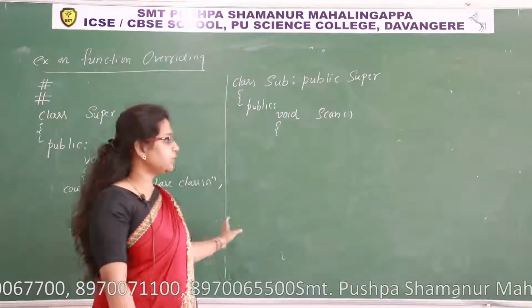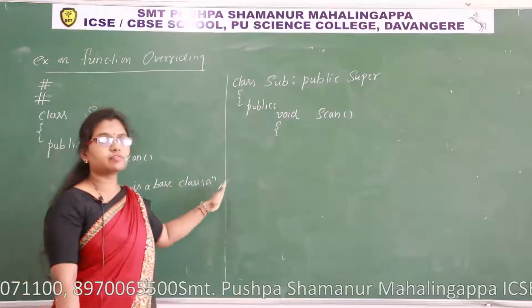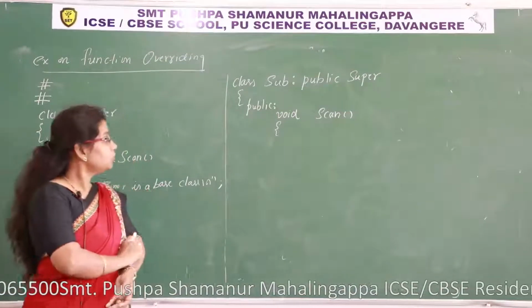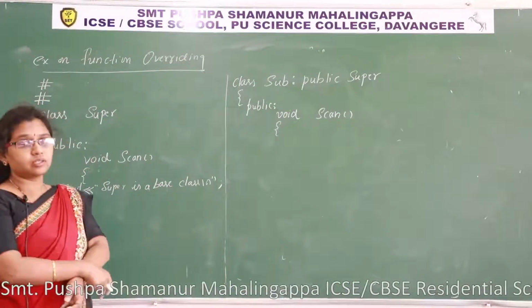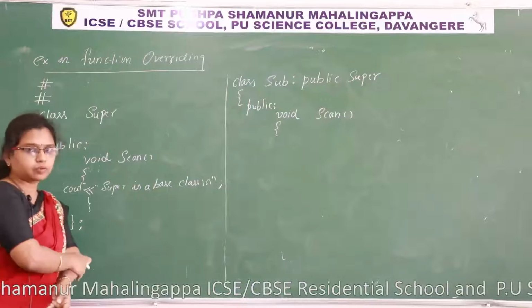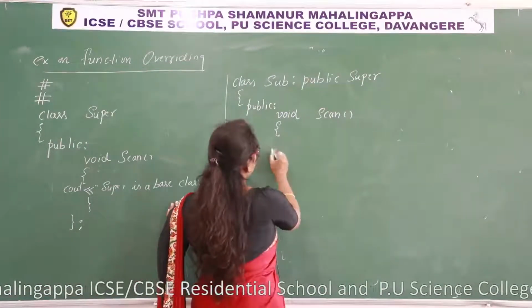Function overriding means the base class and derived class have functions with the same name, so how do we invoke that function without having an error? That is the concept here. void scan, cout.